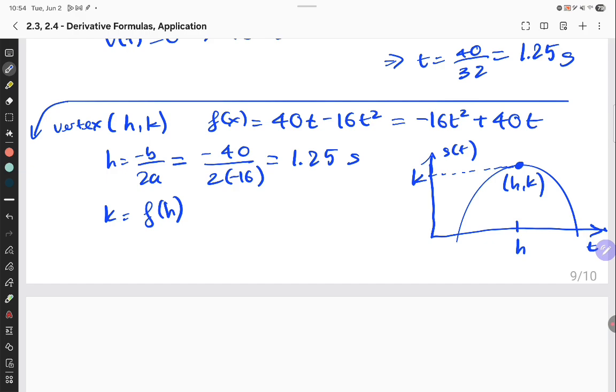One Mississippi, there you go, that's it. Now it's falling down. Then H tells me that moment. K tells me, yes, the maximum height. Finish that, you get the maximum height.